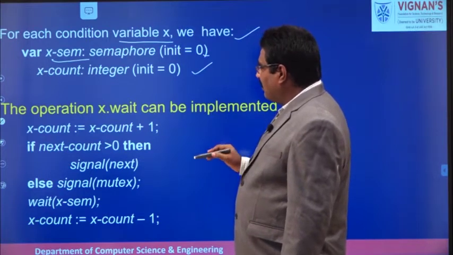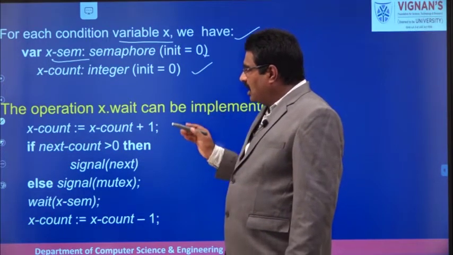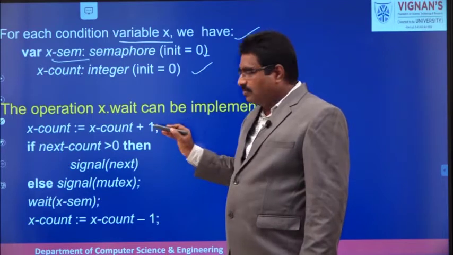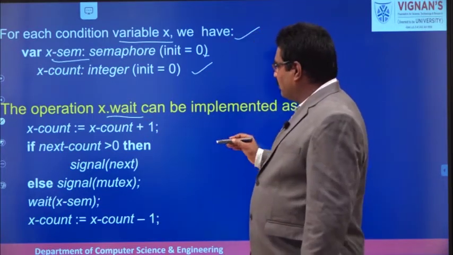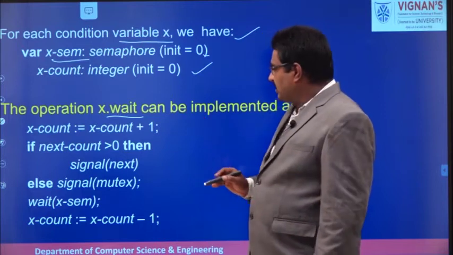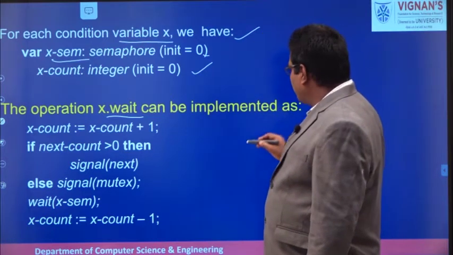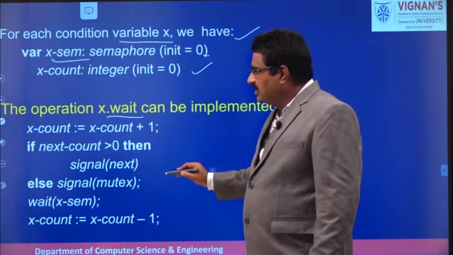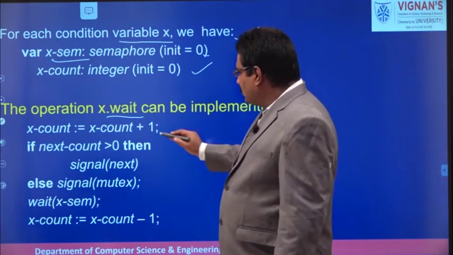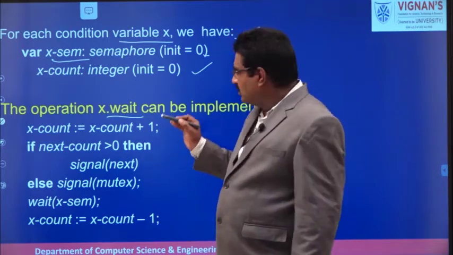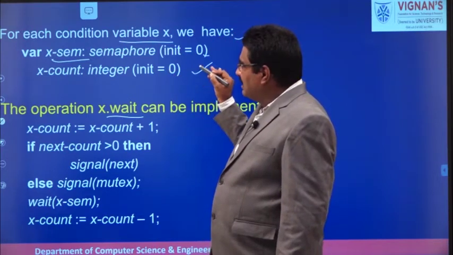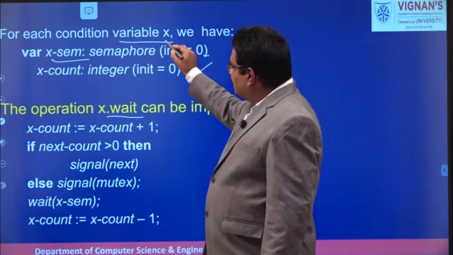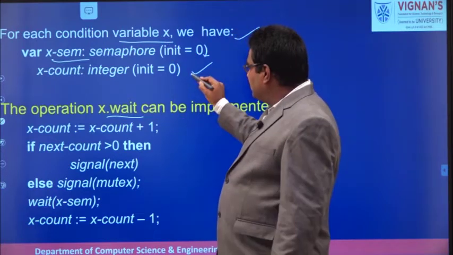Here we need to discuss how to implement the condition variable wait and signal operations. Now we will discuss the wait operation of the condition variable. In the wait operation implementation, we use the following statement: x count = x count + 1. Already we know that x count is an integer variable used in the condition variable implementation, and its initial value is 0.